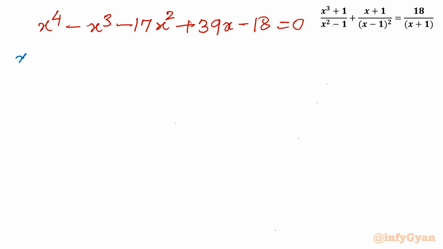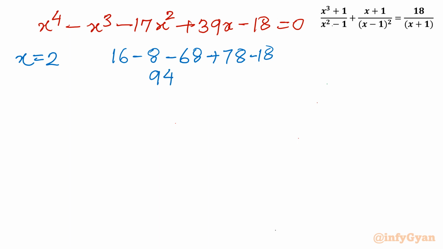See what will happen. 2 power 4 is 16, 2 cube is 8, 2 square is 4, and 4 times 17 is 68, plus 2 times 39 is 78, minus 18. If you check, the plus numbers sum up to 94, and the minus numbers also sum up to 94. So it is satisfying the equation. That means x is equal to 2 is our base solution.